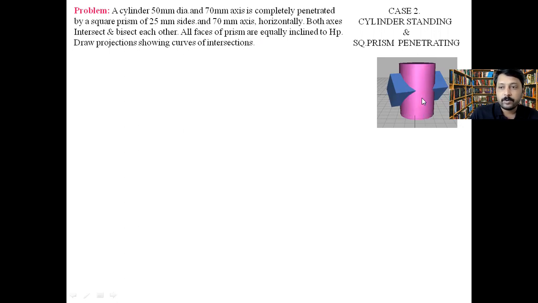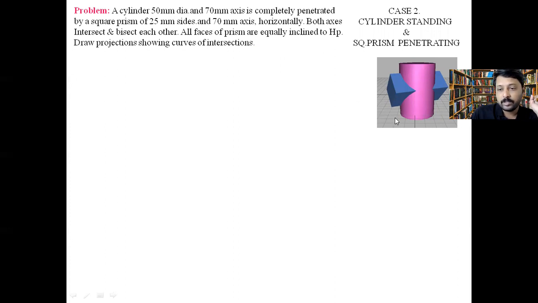Intersect means they are going to cross each other at a particular point, and where? At a midpoint. Why? Because it is saying bisect. Bisect means we have to cut through the middle part. Also, another condition is there. It says all faces of the prism are equally inclined to the horizontal plane.